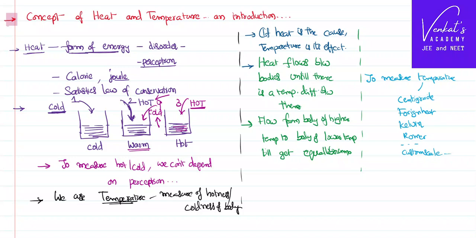So how do we design these scales? How do we measure these temperatures? How do we convert a temperature from one scale to another? That's the point of discussion in our next video.